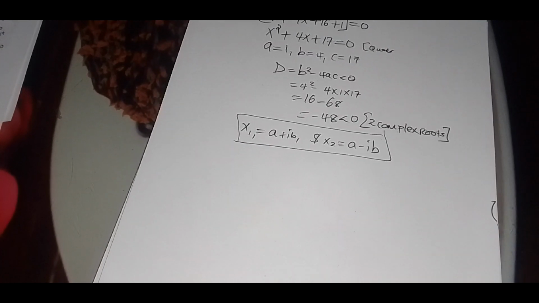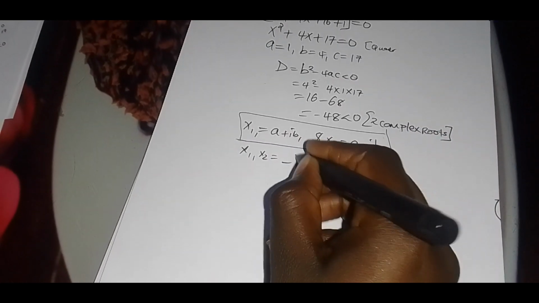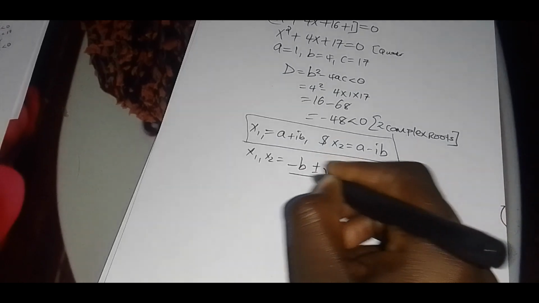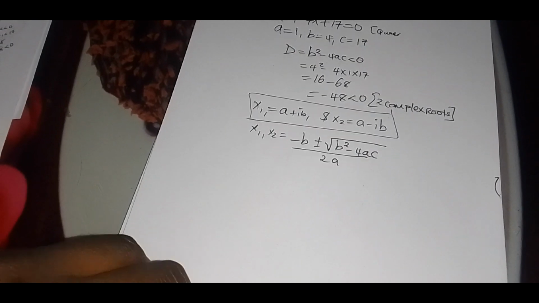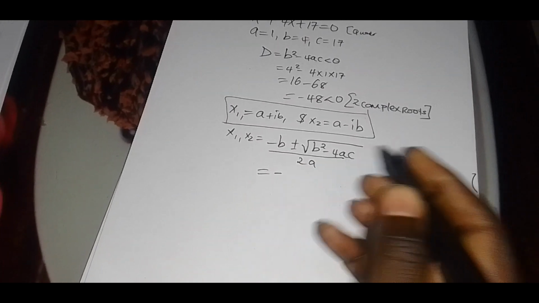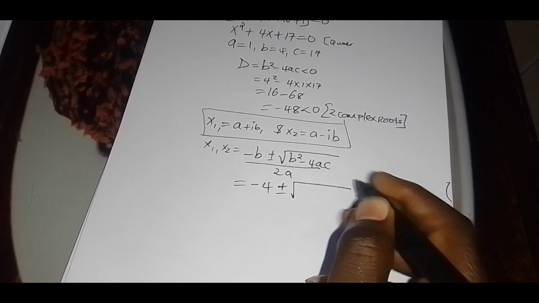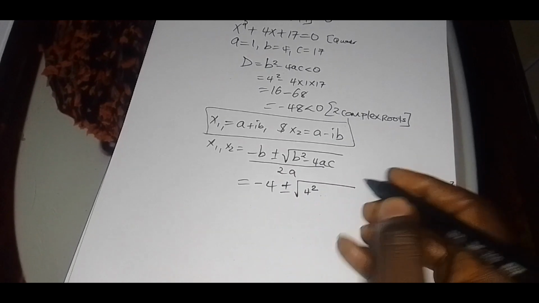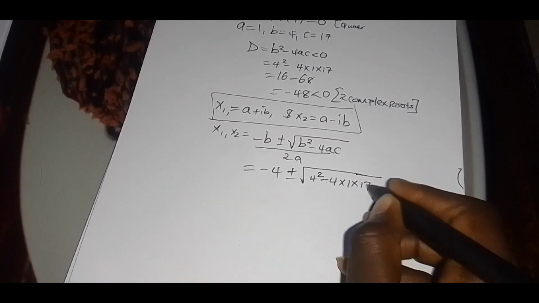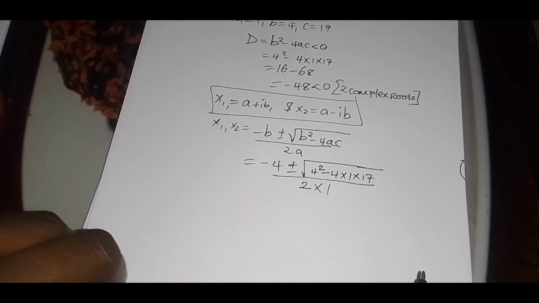To solve for x1 and x2, we apply the quadratic formula, expressed as minus b plus or minus the square root of b squared minus 4ac, divided by 2a. We just substitute the values of a, b, and c. So we have minus 4 plus or minus the square root of 4 squared, that's b squared, minus 4 times 1 times 17, divided by 2 times 1.